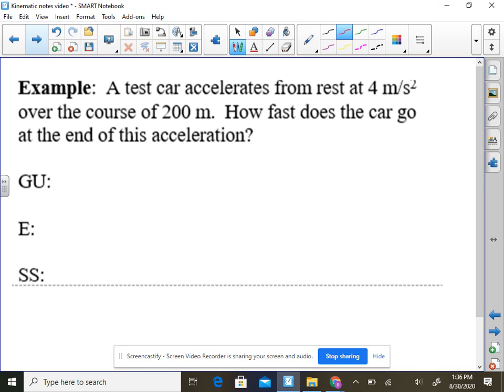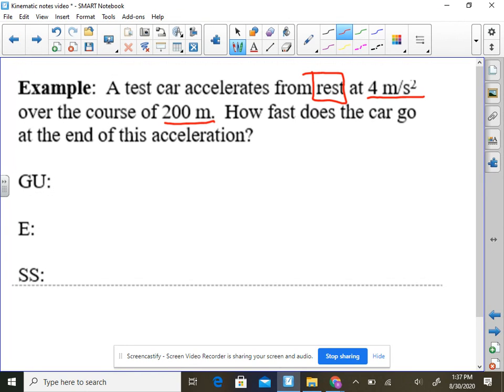The next one, a test car accelerates from rest at 4 meters per second squared over the course of 200 meters. How fast does the car go at the end of this acceleration? And so if we know our givens, our car accelerates from rest. I'm going to go ahead and underline this 4 meters per second squared, 200 meters, and I have another given that's not a number in this problem, but it's actually a word, from rest.